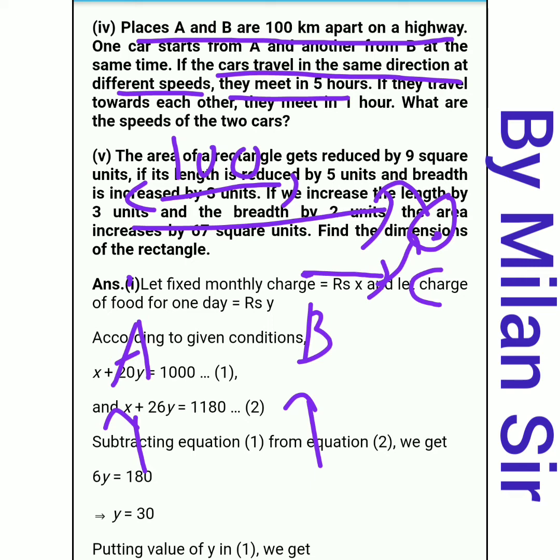So after 5 hours, car A and car B both reach point C. Speed of car A is x, speed of car B is y. Both take the same time, 5 hours, and then both cars reach point C.